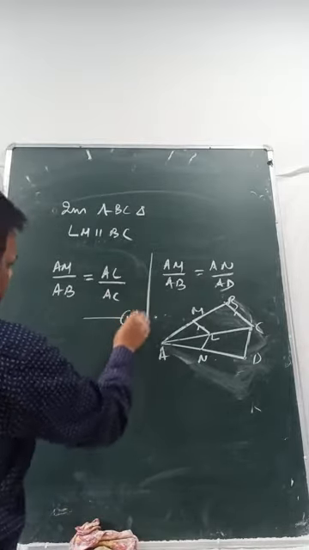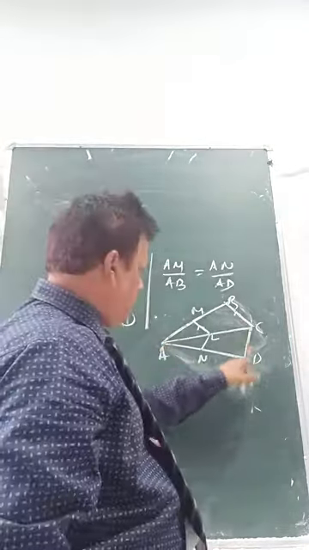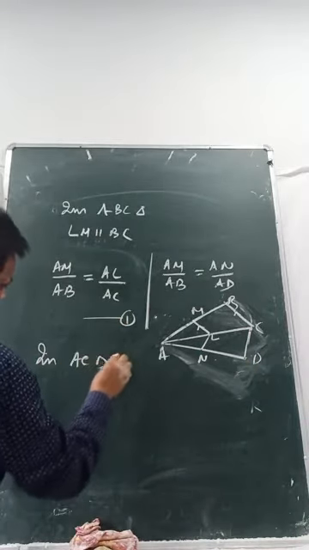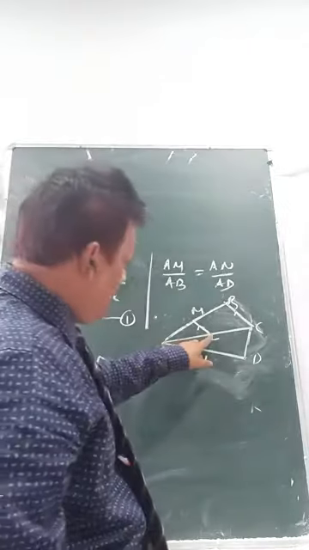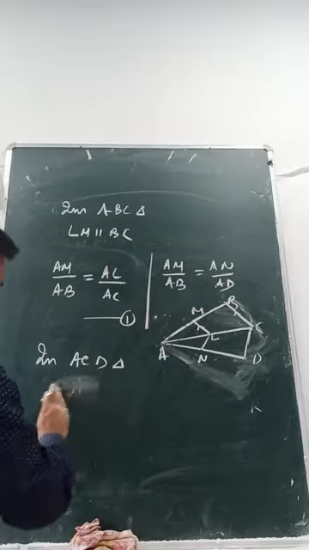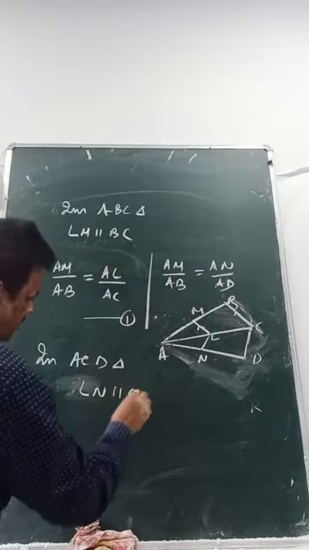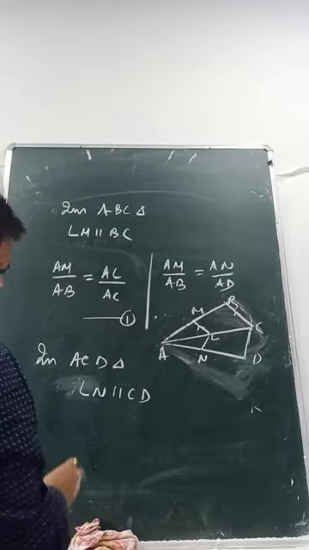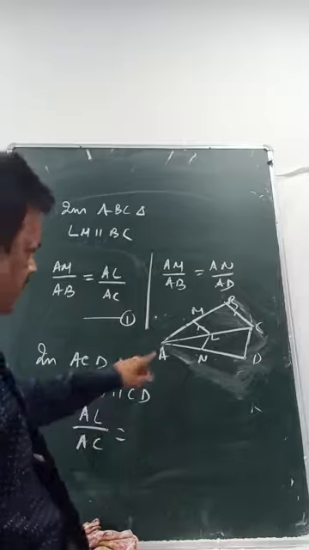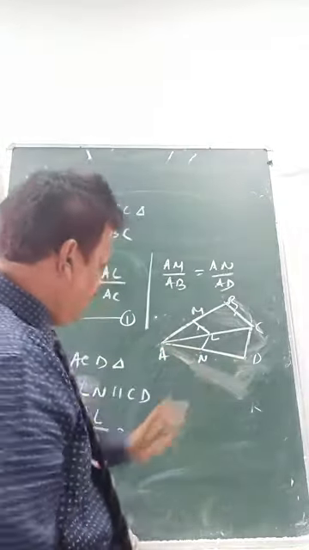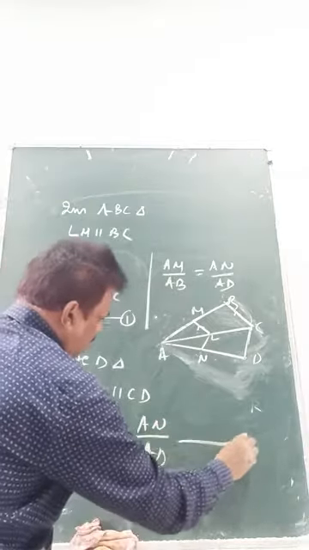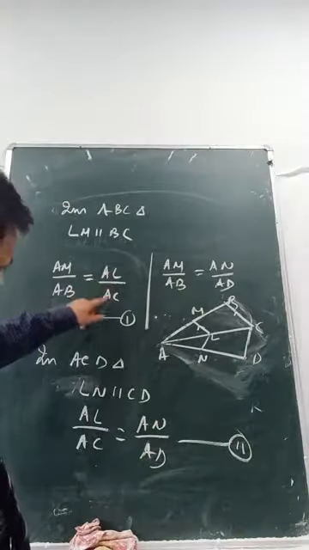Equation number 1. Okay. In ACD triangle, because LN is parallel to CD, AL by AC equals AL by total AD. Equation number 2.